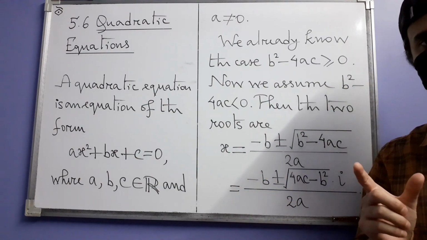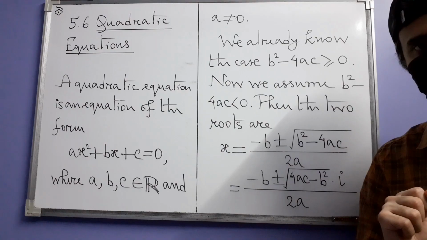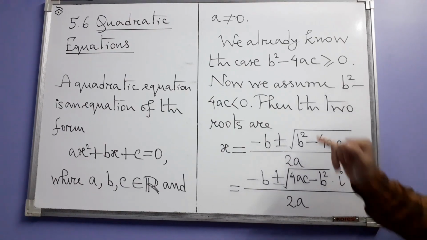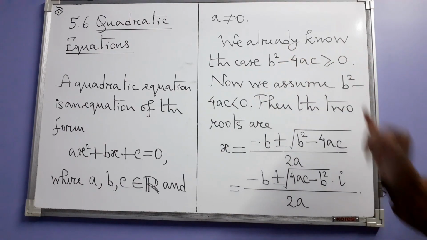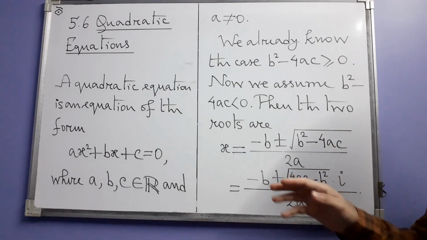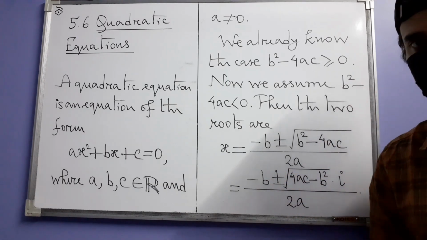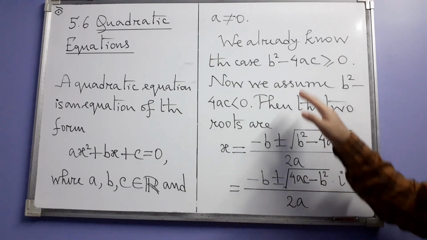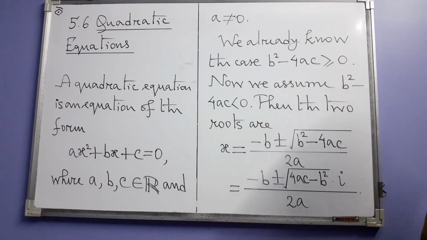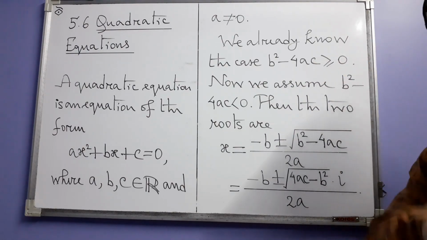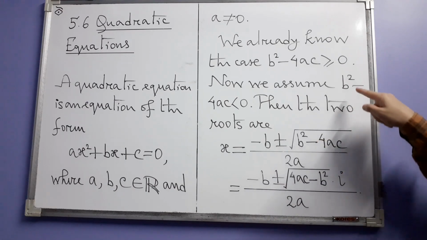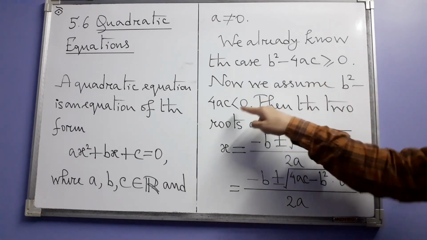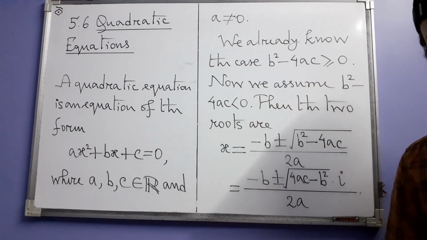It determines the nature of its roots. We also know that if this discriminant is positive, then the quadratic equation has two distinct real roots. If it is equal to 0, then both the roots are real and equal. But now we are going to consider the case where this is less than 0, it's negative.